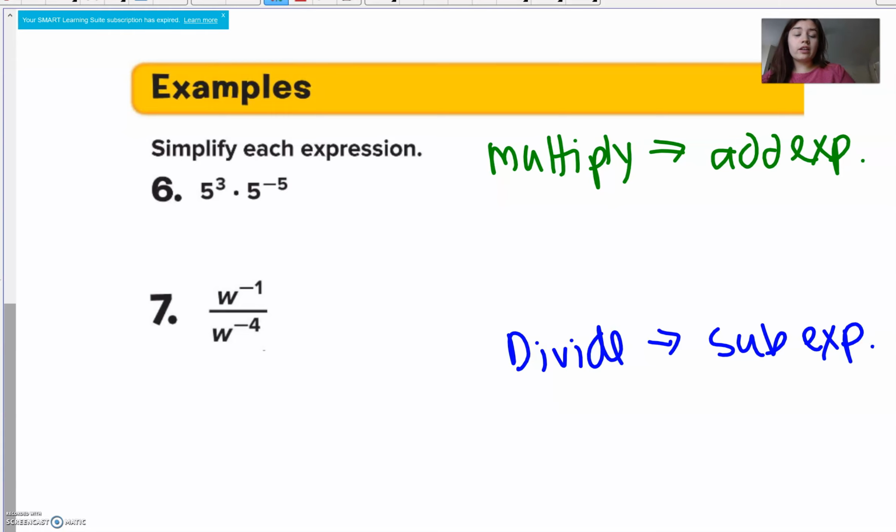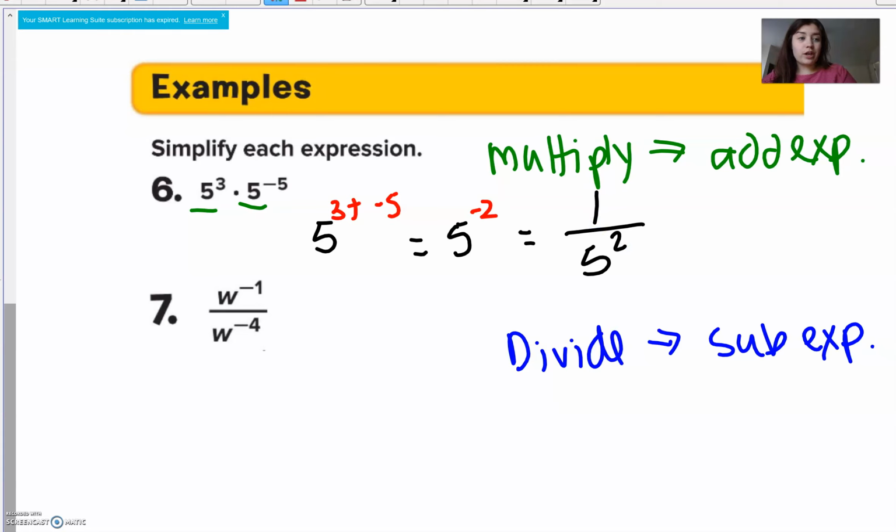So if we're looking at number 6, we find our bases, which is 5 and 5. And then we're just going to add our exponents. So we're going to do 3 plus -5. So you can always check with your calculator if you'd like, but I know that 3 plus -5 leaves us with a -2 exponent. And now we're applying our new knowledge. If it's a negative exponent, we know to bring it to the bottom, get rid of the negative sign, put it under 1.